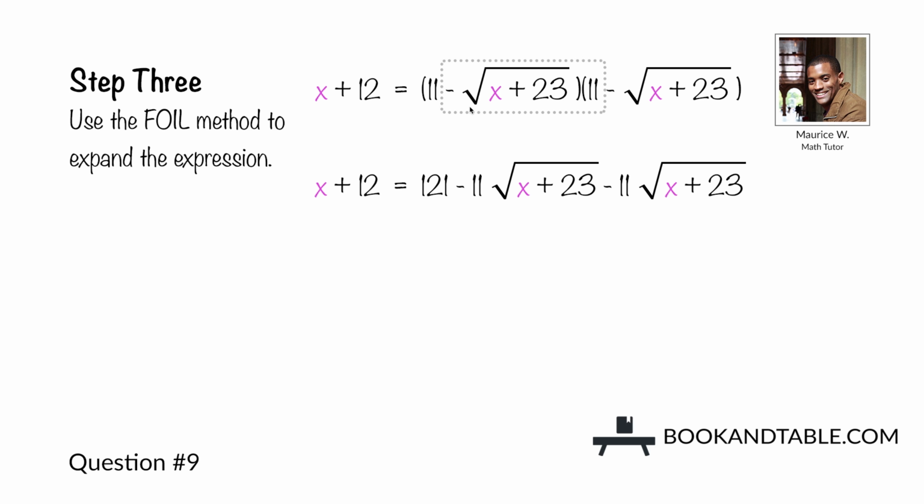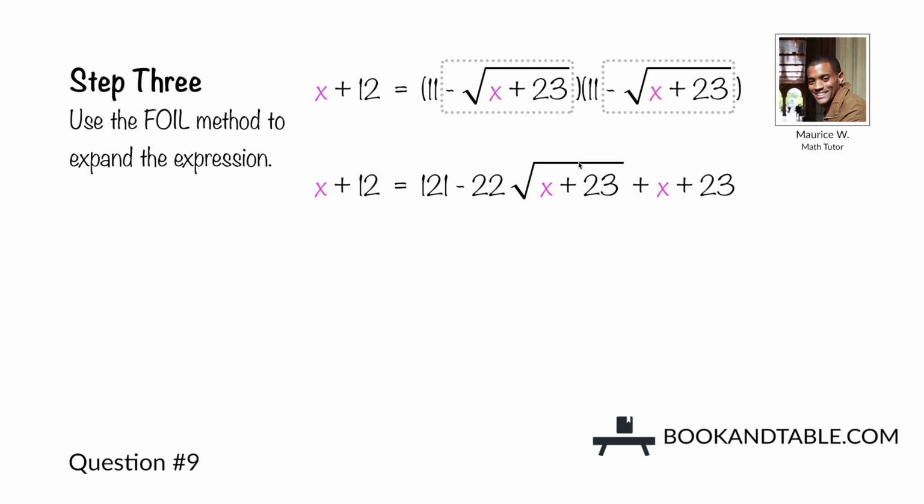Negative square root of x plus 23 times 11 is negative 11 square root of x plus 23. These are like terms, so we combine them by adding their coefficients. Negative 11 minus 11 is negative 22 radical x plus 23.